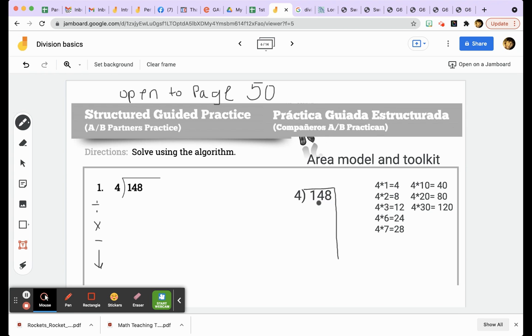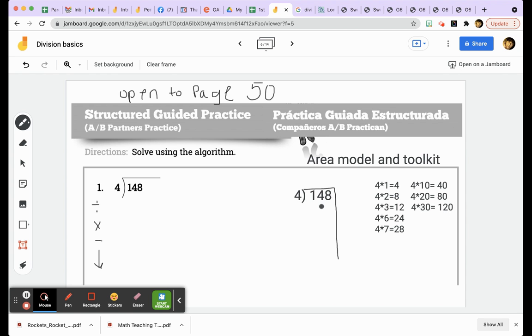But I'm noticing that this is 148. So I know I'm going to need numbers that are going to be at least some of them in the hundreds. So 4 times 10 is 40. 4 times 20 is 80. 4 times 30 is 120.